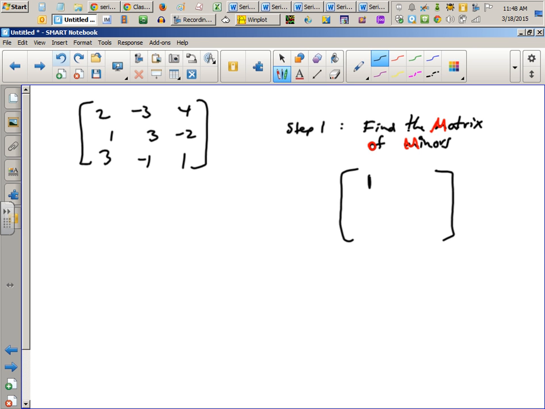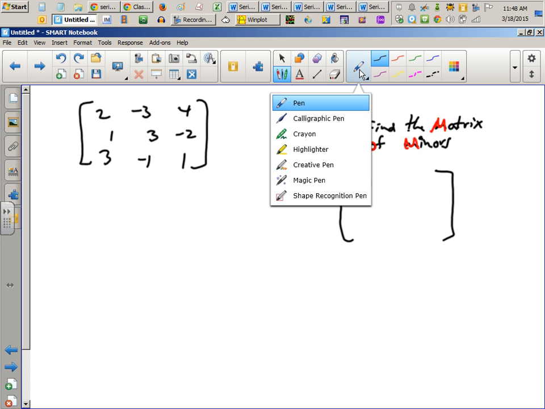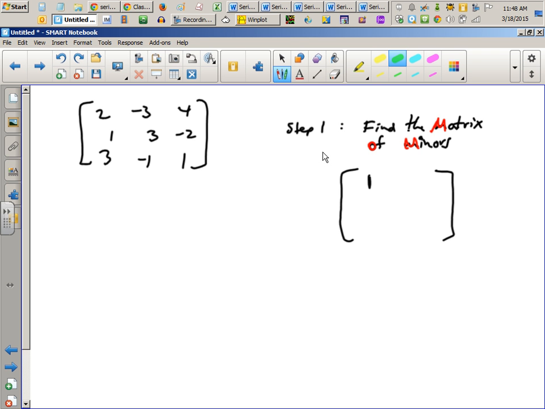Where'd I get it? It is the child of element 1. Okay, next is the negative 3. Where's the baby? Yeah, this stuff here in blue, right? I need the determinant. Find the baby.